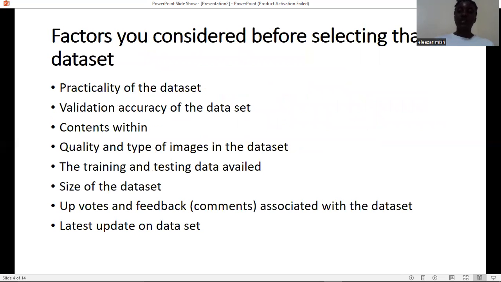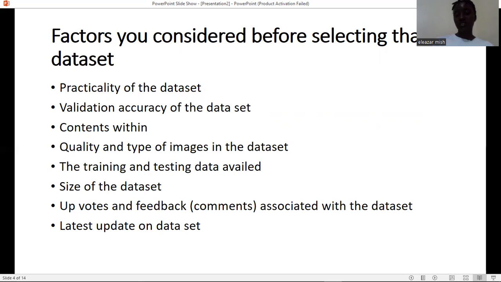What did we consider before selecting the data set? We considered a number of factors, one of them being the practicality of the data set. How practical is it? For this, we looked at the usability, because we got this data set from Kaggle. We were comparing usabilities on a scale of 10.